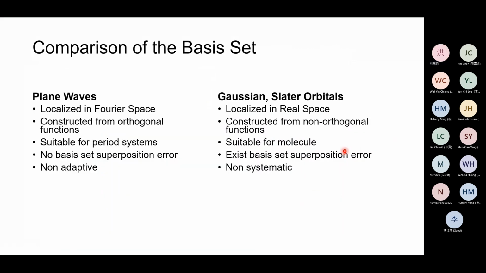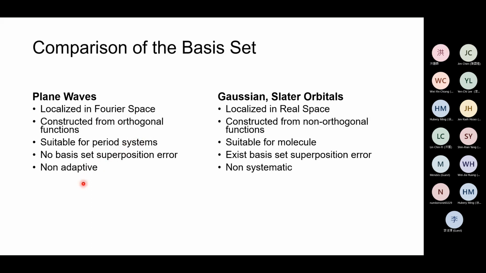Now, to talk about basis sets, we have two main classes: one is the plane wave, the other is the Gaussian. A plane wave is localized in Fourier space, so it's easier to converge. Also, it's an orthogonal function, which helps us compute the overlap matrix more easily, and is suitable for periodic systems.